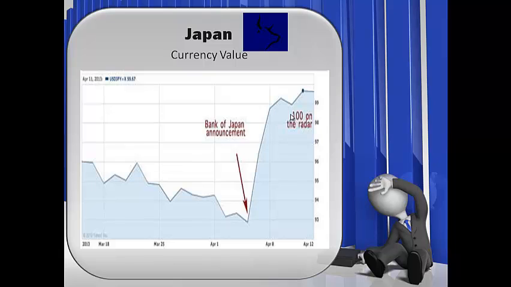So what the government in Japan is trying to do, they started this in April. They want to target 2% inflation. They want to correct the excessive strength of the yen, and also they want to set negative interest rates. That was announced on April 4th this year.